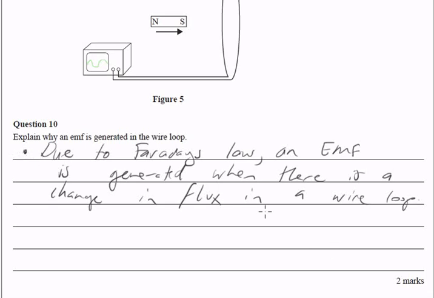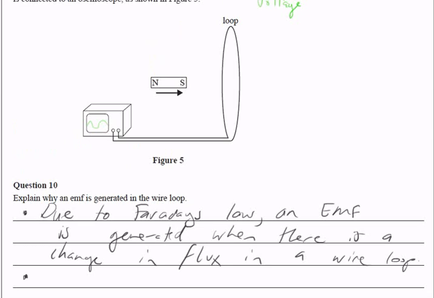My second dot point, because this is 2 marks, I'm going to explain where the change in flux comes from. So I've just explained Faraday's law. There's an EMF generated because there was a change in flux in the loop, but why is there a change in flux? Let me explain. As this magnet comes in from this side, it gets closer and closer. It's got field lines which come out of the north and into the south.